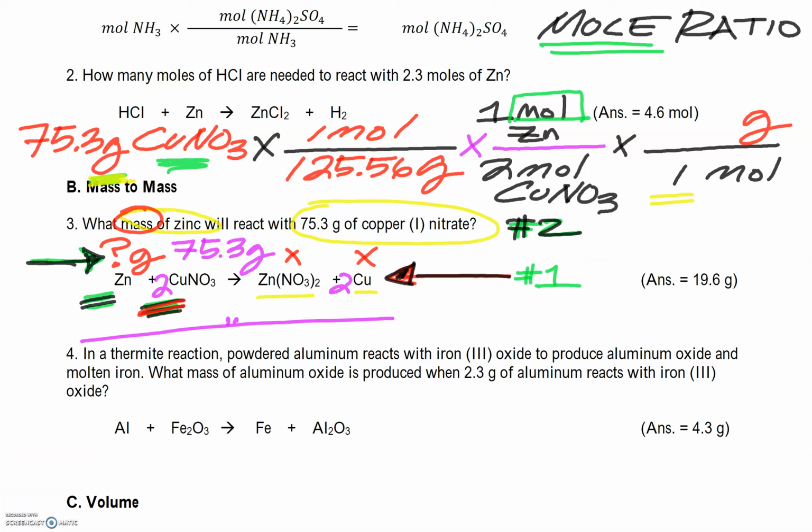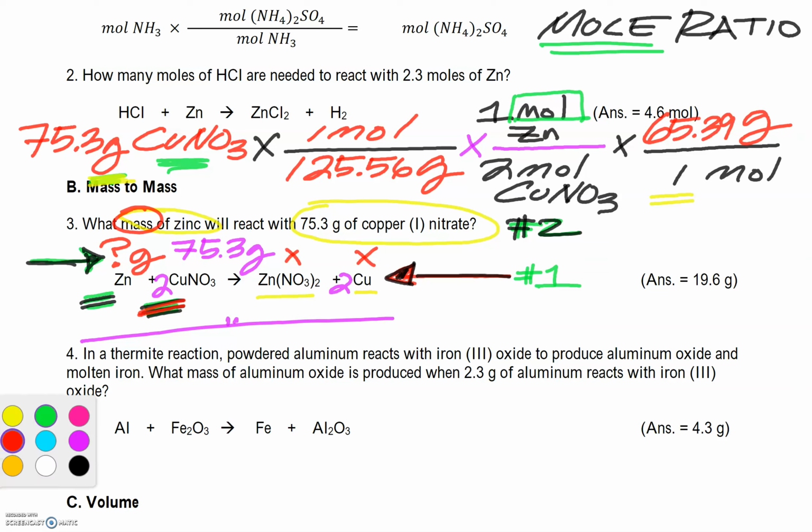Okay? So we need a number for zinc. That's going to be what zinc weighs on the periodic table. So you look that up. 65.39 on the periodic table we have been using. So we're just going to put that in. 65.39. And now you have the problem, and you can run it through.